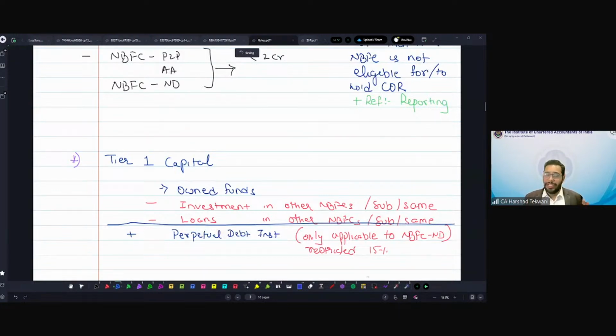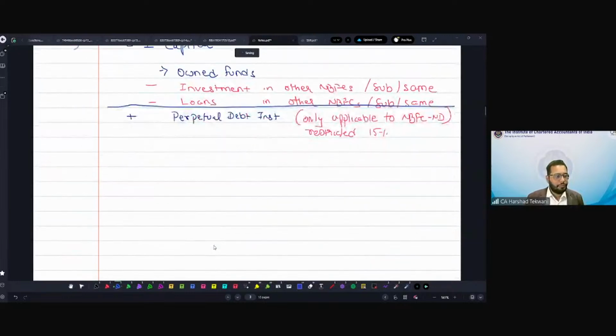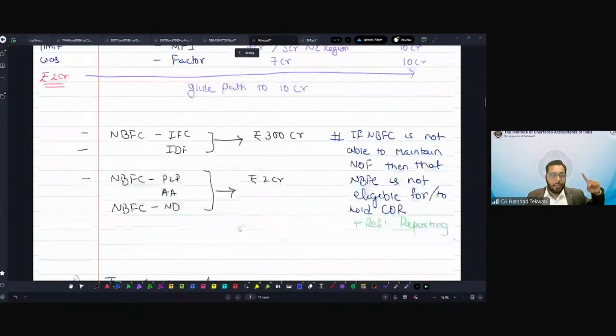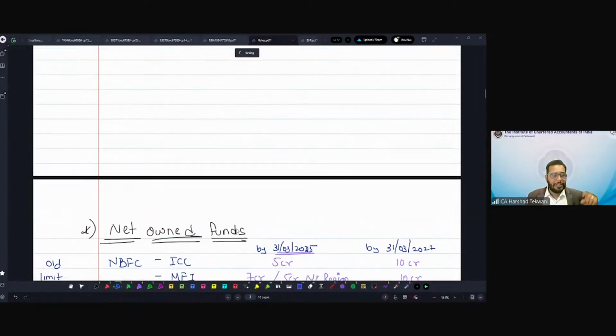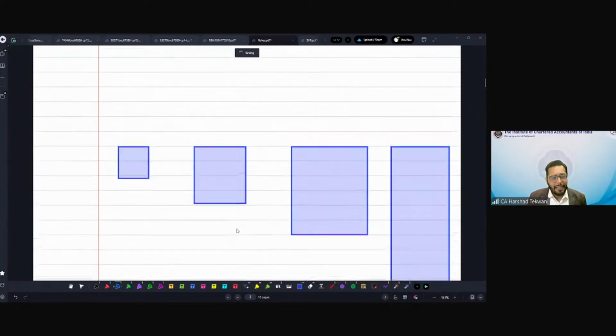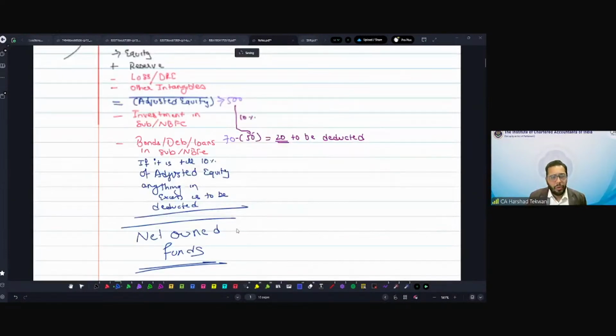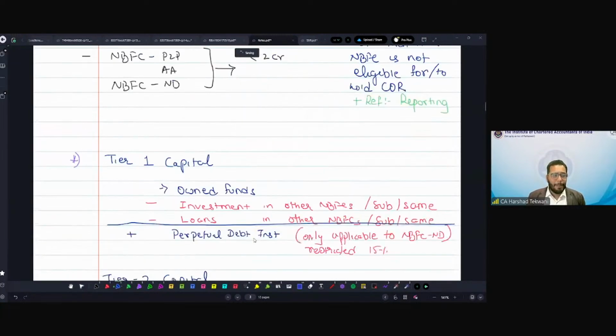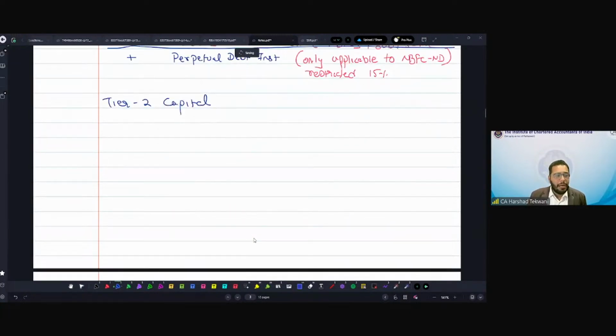Now comes the tier 2 capital. What is tier 2 capital? First, own funds. Remember the own funds that we calculated, that was the net own funds. Now, tier 2 capital is nothing but you have preference shares which were not covered earlier.